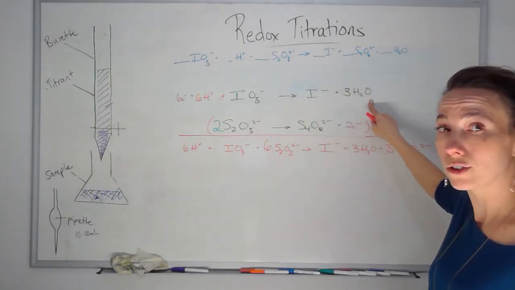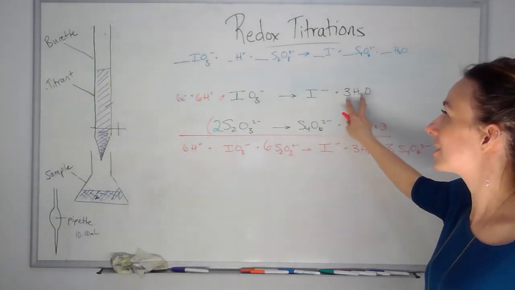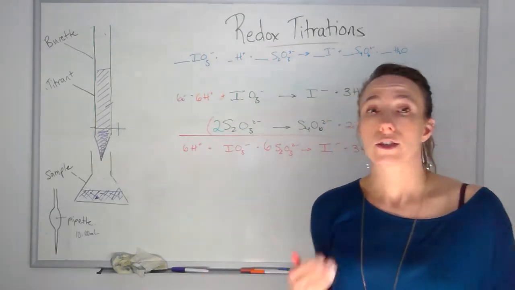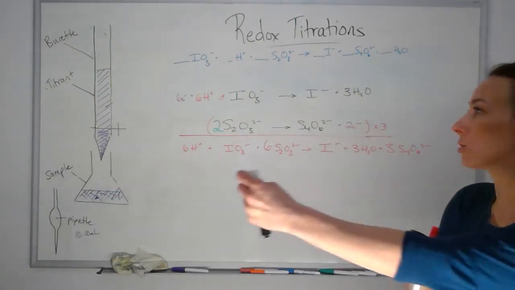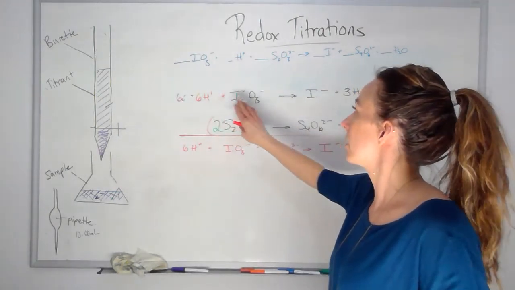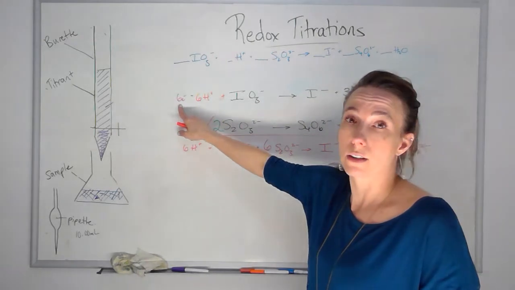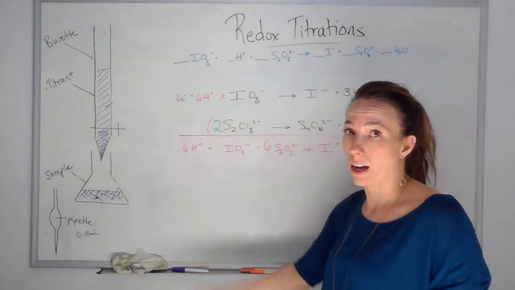Balance your hydrogens using H+. So I have 6 H's there, so I'm going to add 6 H pluses. Balance your charges by adding electrons. And so in order for both sides to equal -1, in this case, I'm going to add 6 electrons to this side. So this is my gaining electrons reduction half reaction.